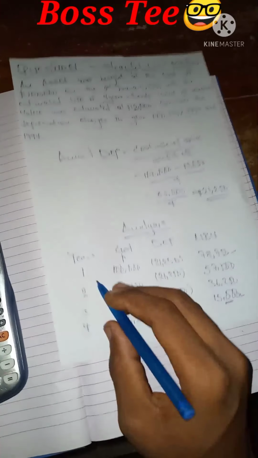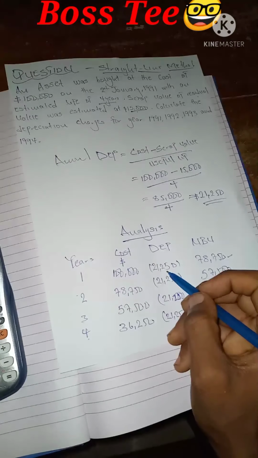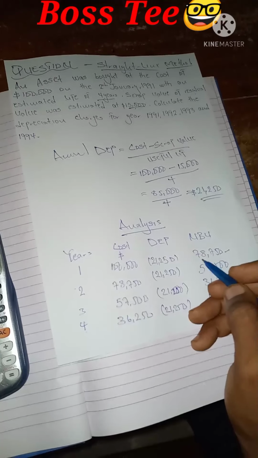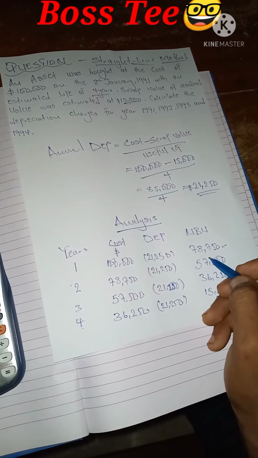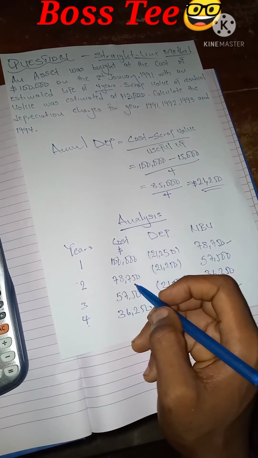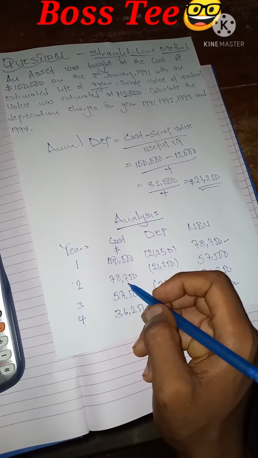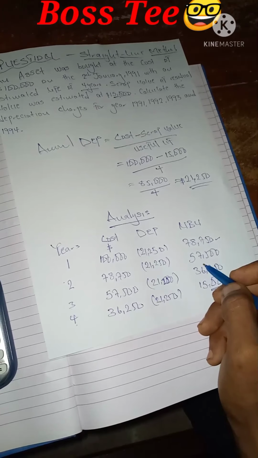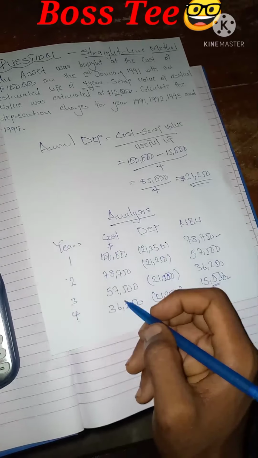Good. We have for year 1, 100,000, depreciated by this annual depreciation. Then the value after the usage of year 1 reduced to 78,750. Then we enter year 2 with the same value, but after the usage of the asset in year 2, it reduced to 57,500. Good. We bring the asset in year 3.